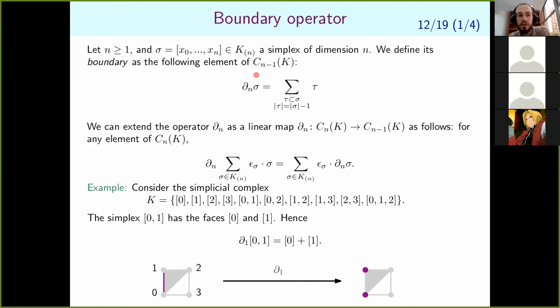The boundary of a simplex is the sum of all its faces of codimension 1. Take a simplex, look at all its faces of codimension 1, that is all the faces of dimension n minus 1. Take the sum of all the faces. This is an n minus 1 chain, and I call this chain the boundary of the simplex.